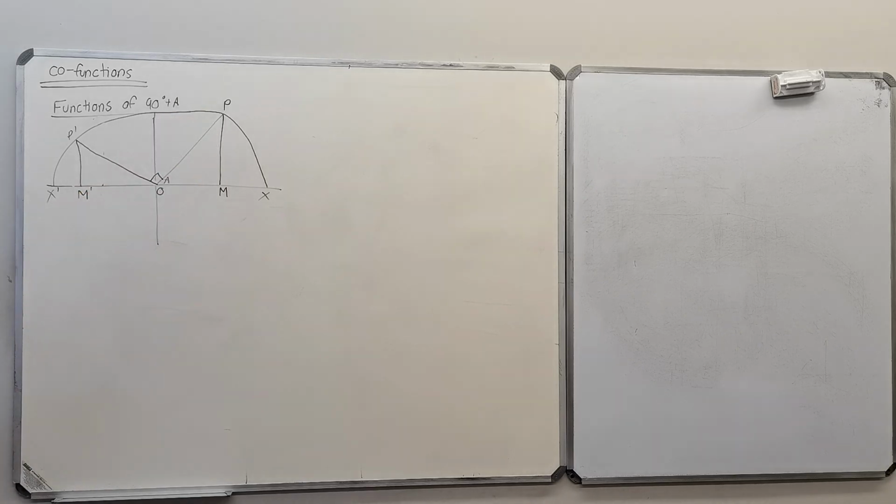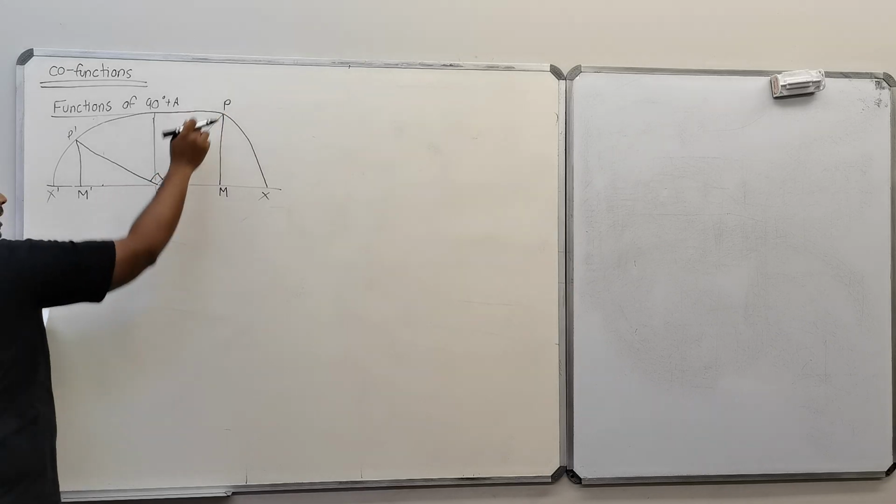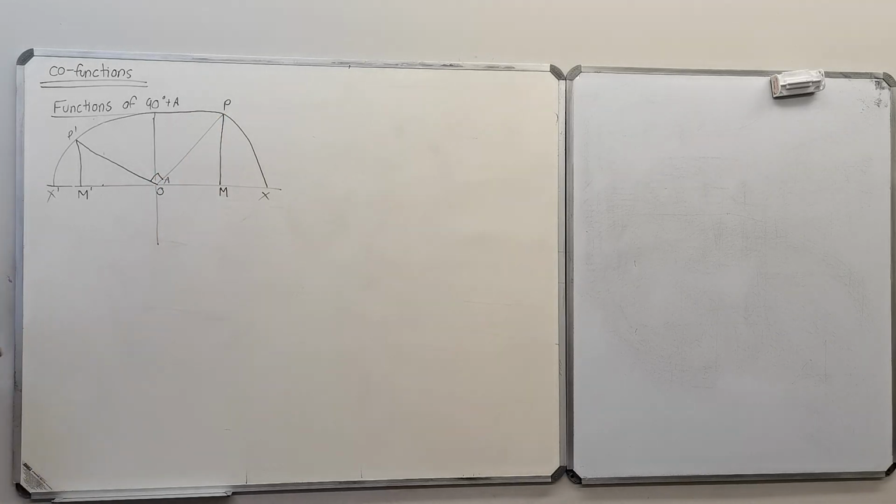Okay, cool. So they tell you that triangle OPM is congruent to triangle OP prime M prime. Do you understand what congruency is? Congruency is when two objects have the same size and the same shape.